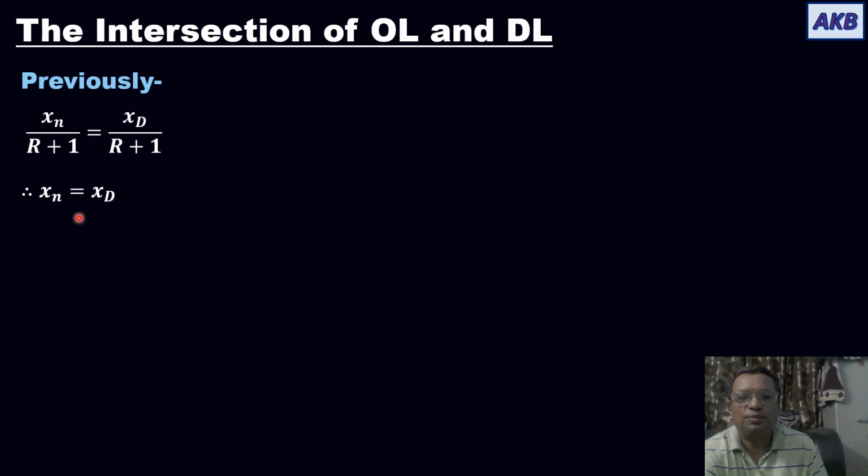Okay, so on the x-axis, the operating line will be intersecting the diagonal line at x is equal to xd.